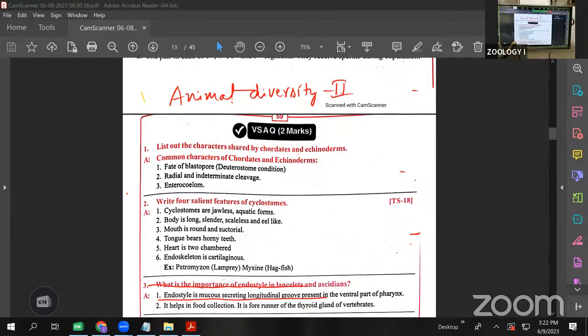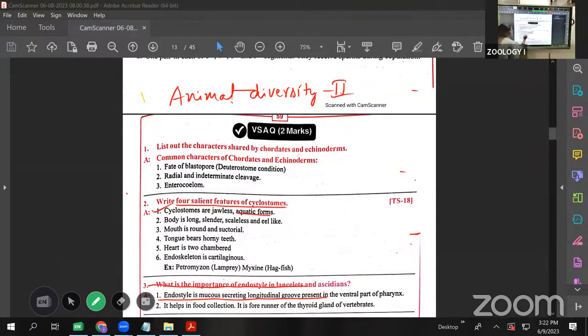What are the salient features of the cyclostomes? The first one: cyclostomes are jawless aquatic forms. They do not have jaws.